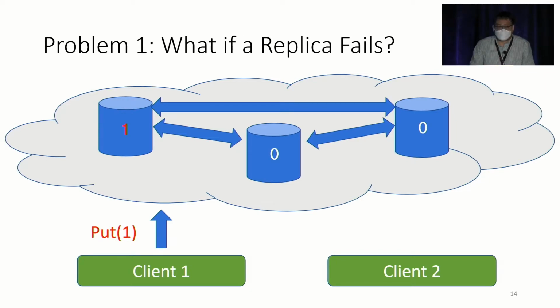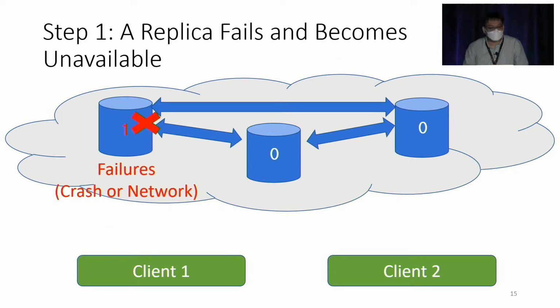But what if a replica fails after committing the write operation? In this case, if the replica that committed the write for the key with value 1 fails, it becomes unavailable for replication.